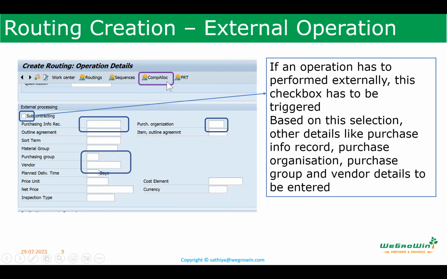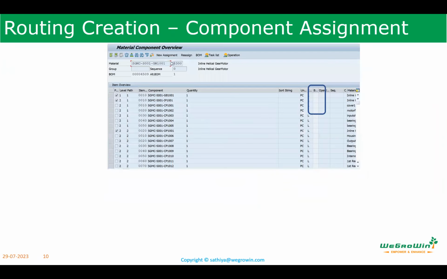Component allocation is the one where we go and see that, right? For the particular production, this is my gear motor. I see the BOM here for the gear motor. And this is the routing which is assigned here. Okay.